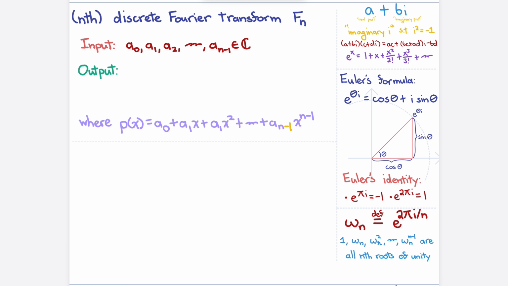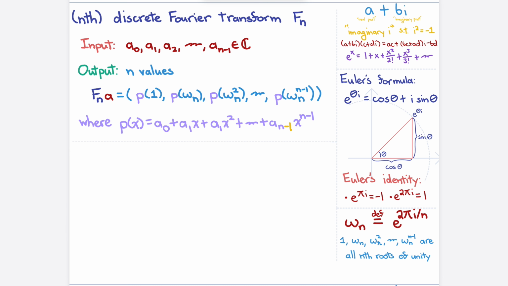And I'm going to interpret it as the coefficients of a degree n-1 polynomial, which has n coefficients. Okay. And what the Fourier transform is going to do is it's going to evaluate that polynomial at the nth roots of unity. Okay, so it's just going to take a polynomial and evaluate at n different locations.